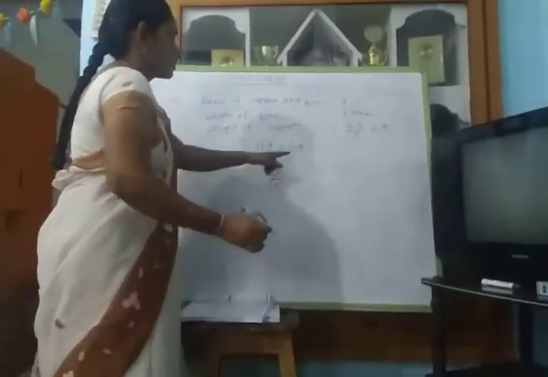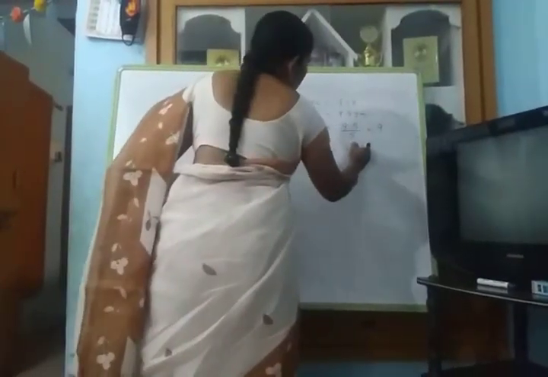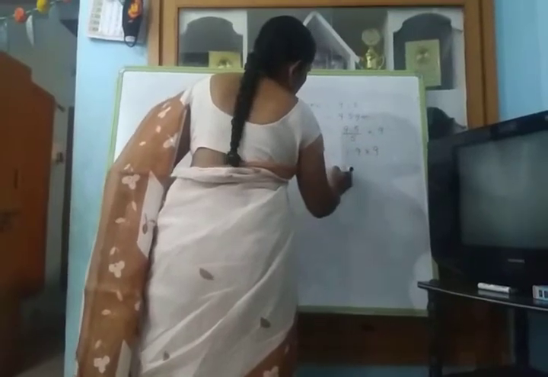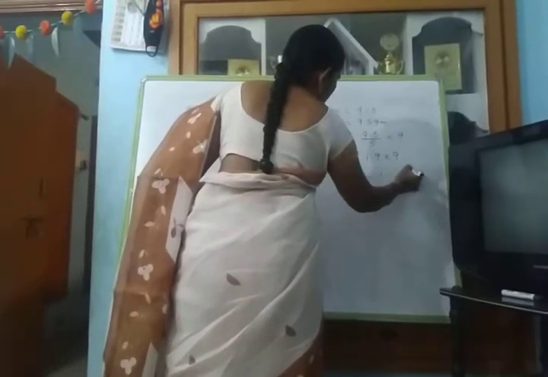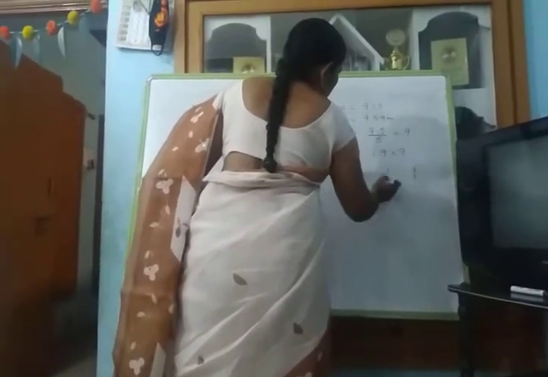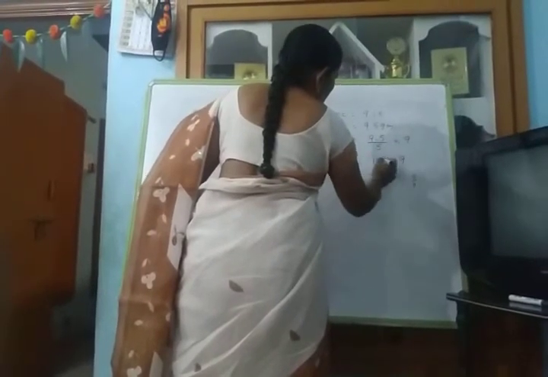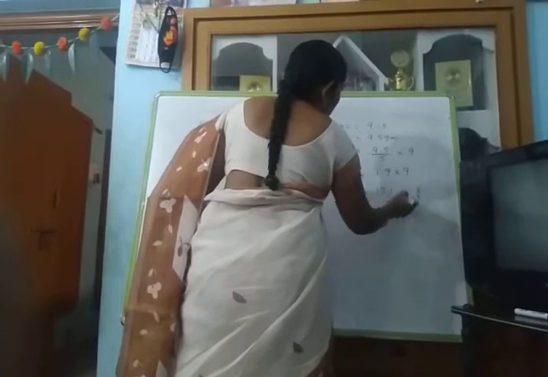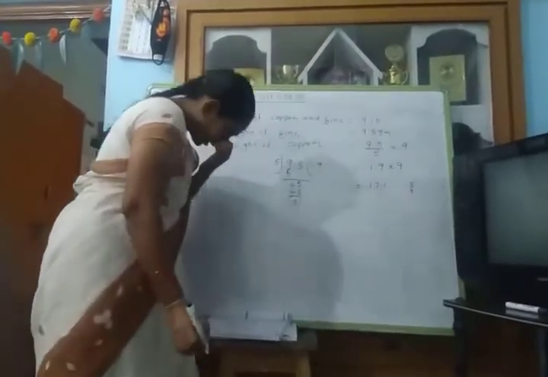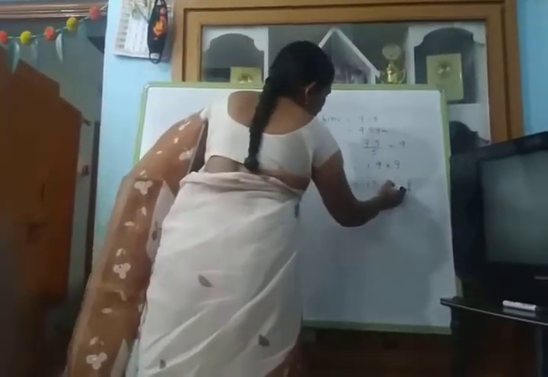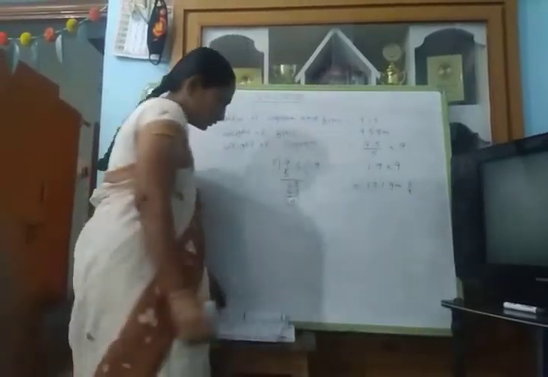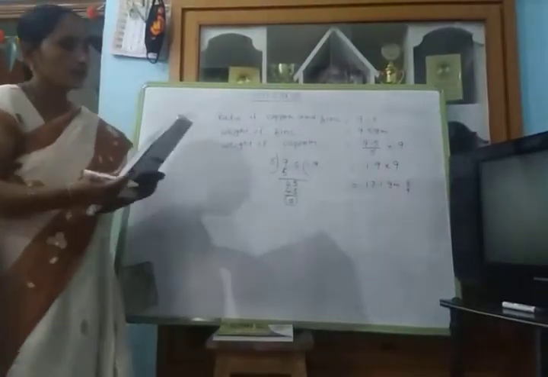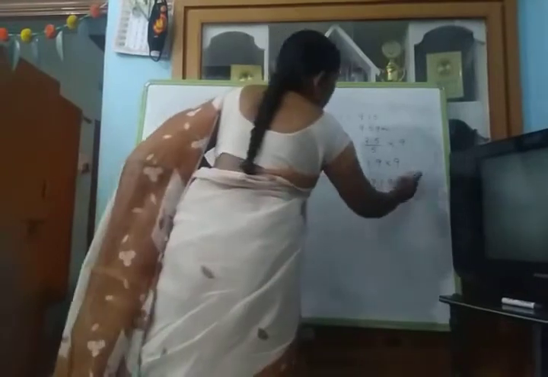So the answer is 1.9, into 9. 9 nines are 81, 9 ones are 9 plus 8, 17. Place the decimal point here, so 17.1. 17.1 grams. What is the answer? 17.1 gram. Option B is correct.